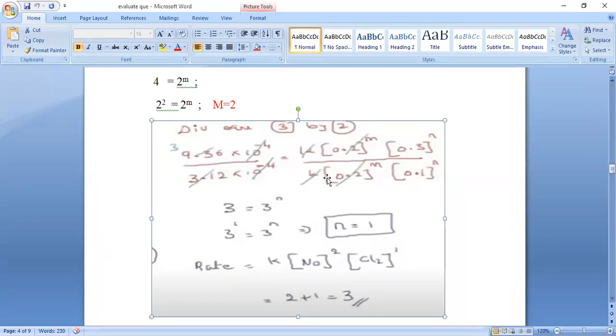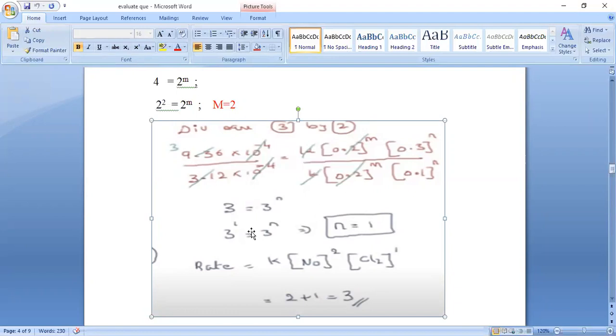So similar terms we are going to cancel here. The 10 power minus 4 cancels first, and then k, and next is 0.2 power m. Both are the same, so all of that we are going to cancel. So remaining, we are getting 3 equal to 3 power n. So base 3 is equal here, so n is equal to 1.